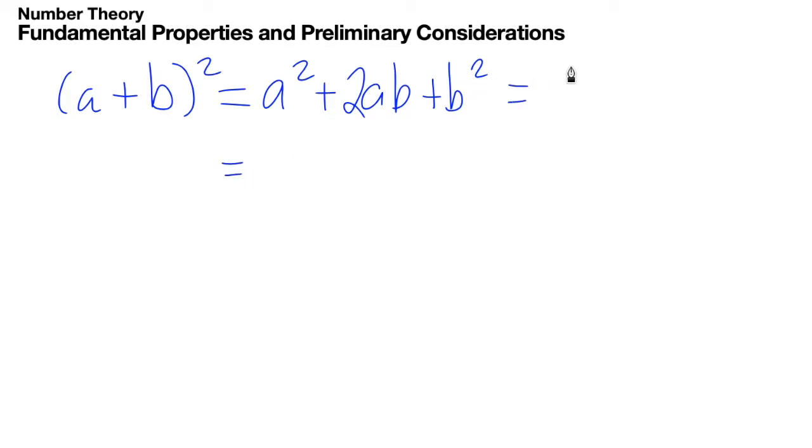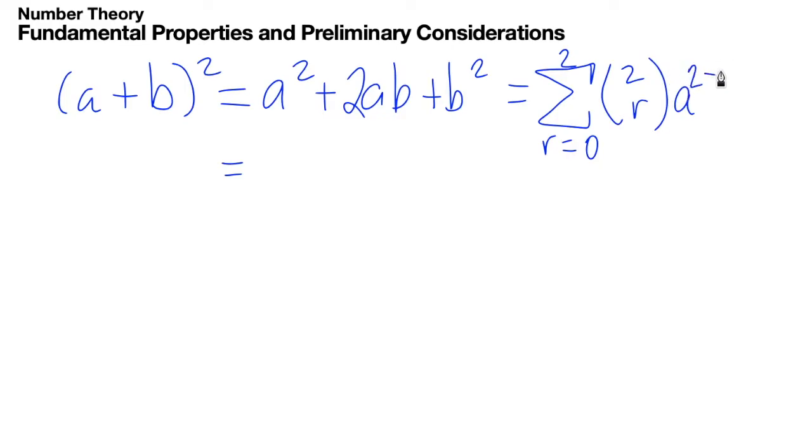So the summation of, our n is 2, our r is anything ranging from 0 to 2, and then we have a raised to 2 minus r, b raised to r.